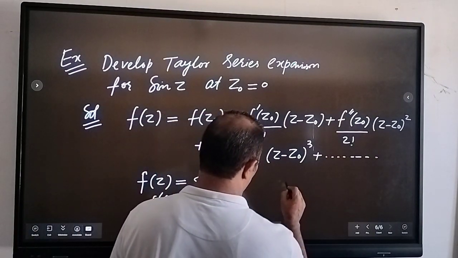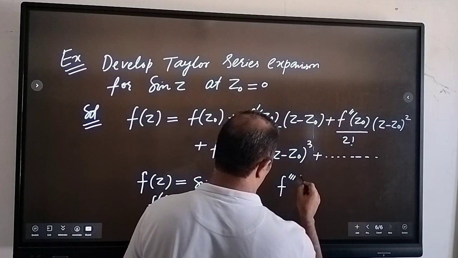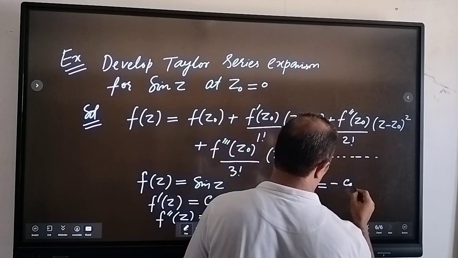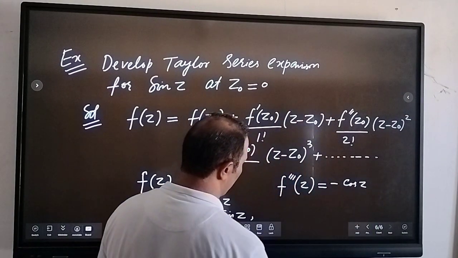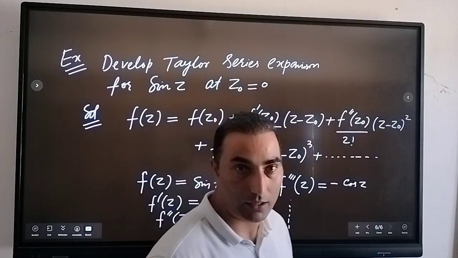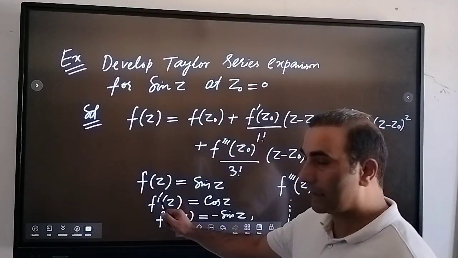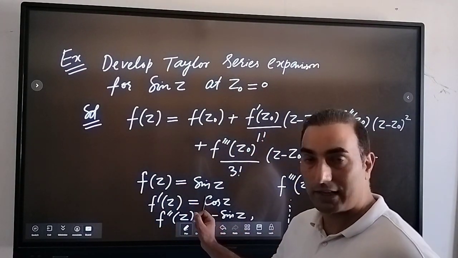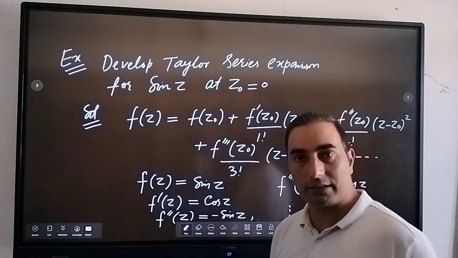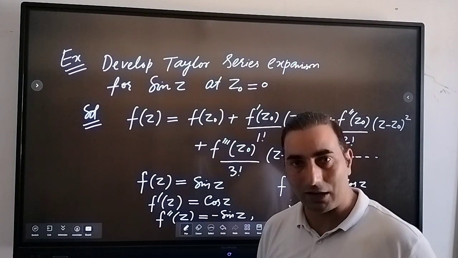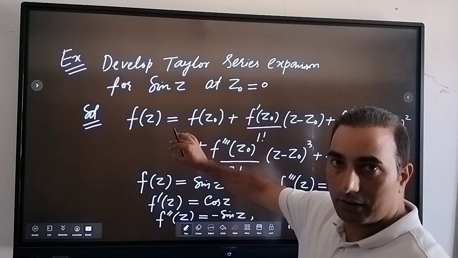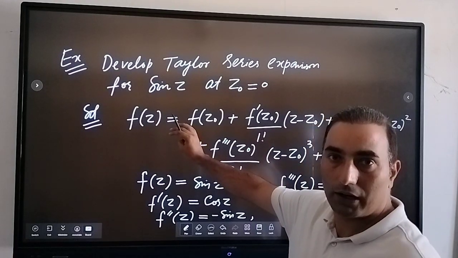Similarly, you can write that. So what I have done here, I simply calculated that f of z is sine z, f dash of z is cos z, and similarly you calculate the second derivative or third derivative and so on, right? So let us use these in our initial expression that we have.